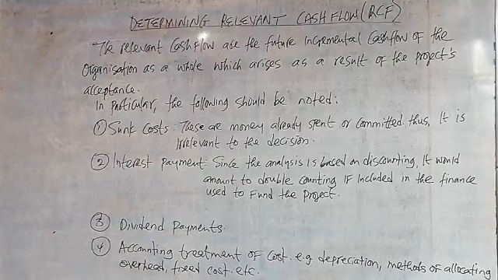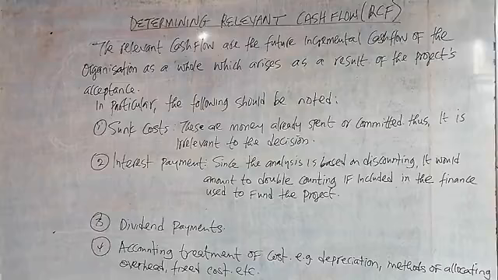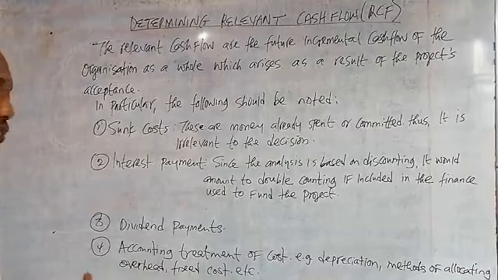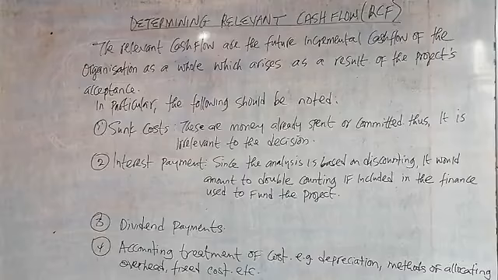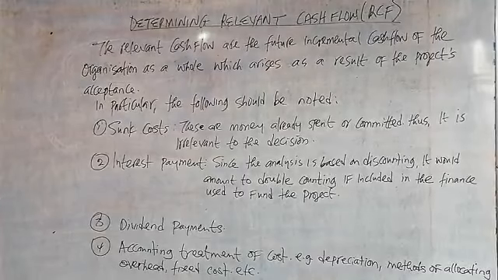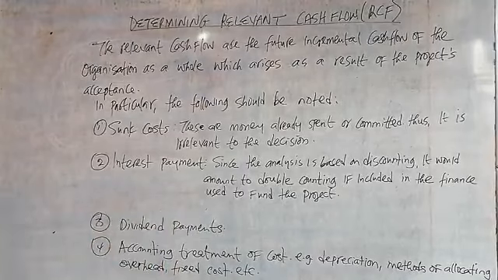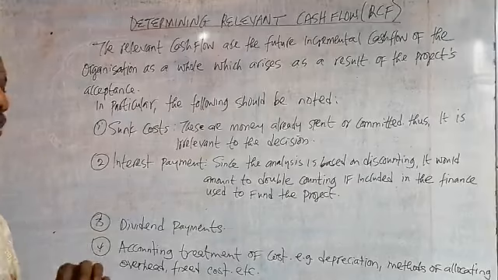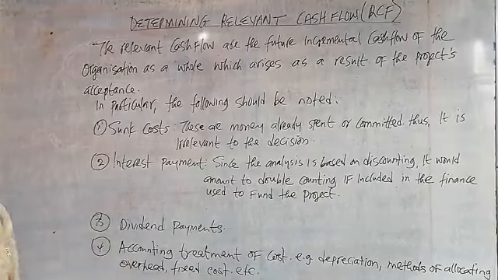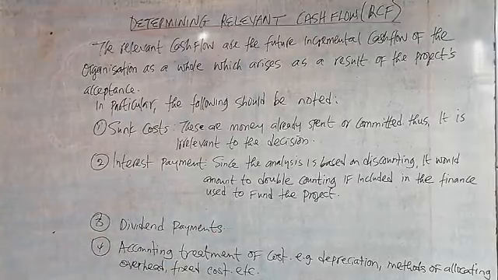In determining whether a project is viable or not, there are some costs, some cash flow, which we need to take into consideration. Now, the question is, how do we determine the relevant cash flow to use in making our decision whether to invest in a particular project or not?